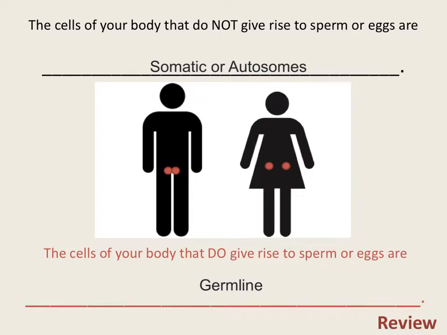So if you have a mutation in germline cells, that can be passed on to your offspring. Okay? Because germline cells produce gametes, sperm and eggs. Or in some cases where there's no differentiation, just gametes. So there are some organisms that are like that.